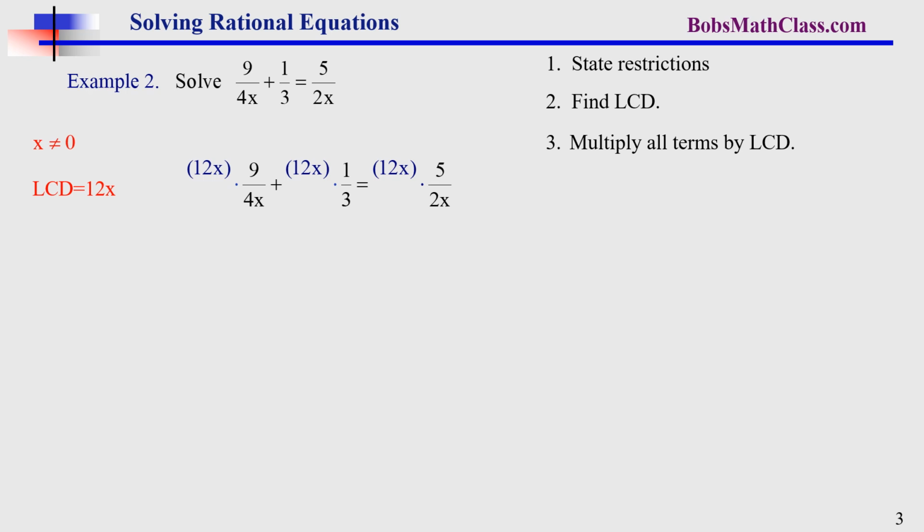Now we can reduce. In the first fraction, the 4 and 12 will reduce, and the x's will cancel. In the second fraction, the 12 and 3 will reduce, but the x does not cancel. And on the right-hand side, the 2 and 12 will reduce, and the x will cancel.